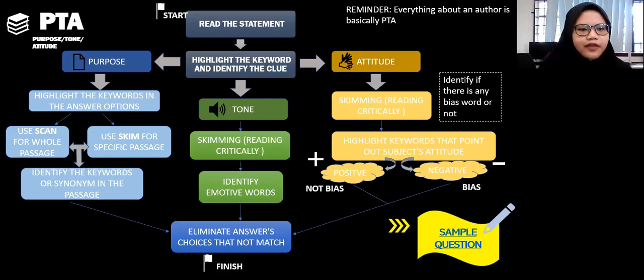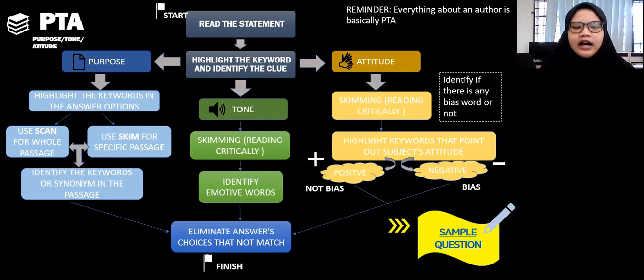But before that, identify if there is another requirement, whether it already states a specific paragraph or the whole passage. If it requires you to find the purpose in the whole passage, you need to use scanning to get the idea of the purpose. If it is a specific paragraph, let's say paragraph 5, you just need to skim that particular paragraph.